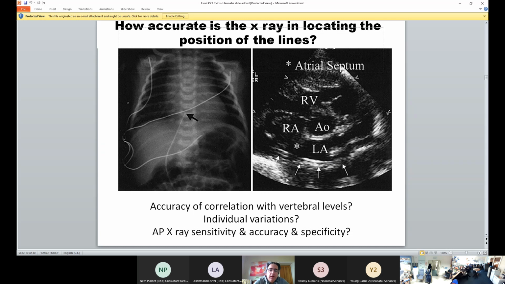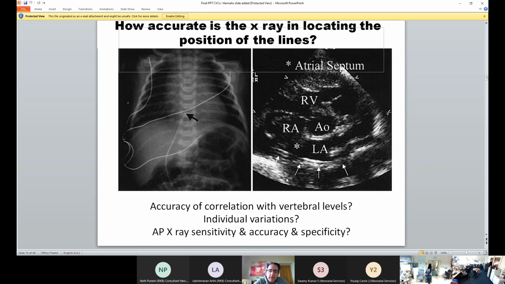There are few studies comparing the X-ray and the echo. For example, there was a study done in the US of 50 preterm patients who had UVC placed, and then they did X-ray.